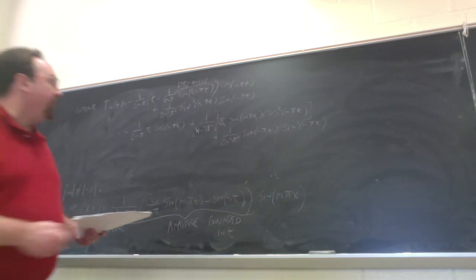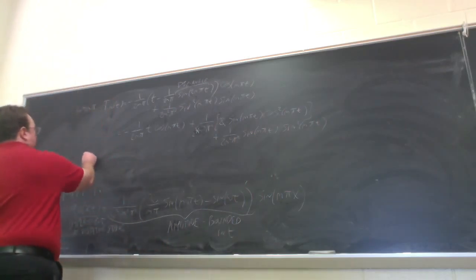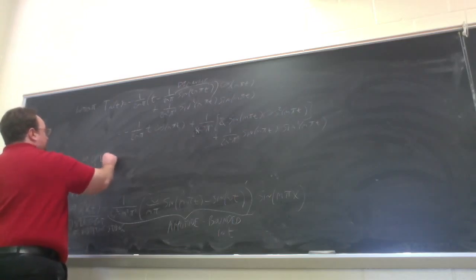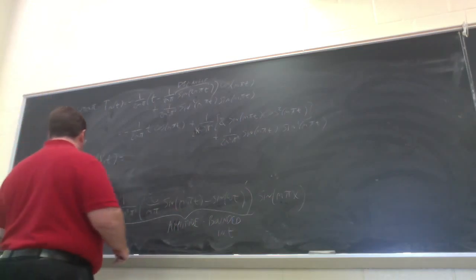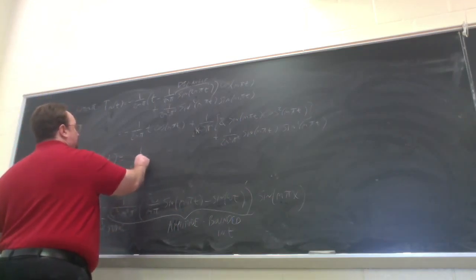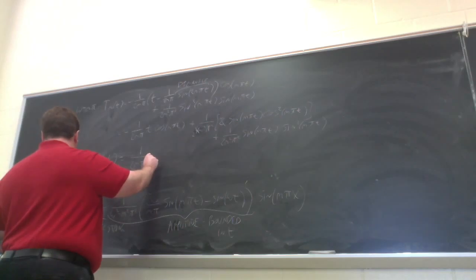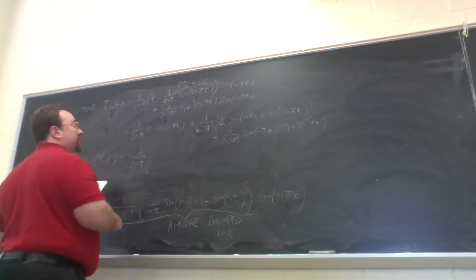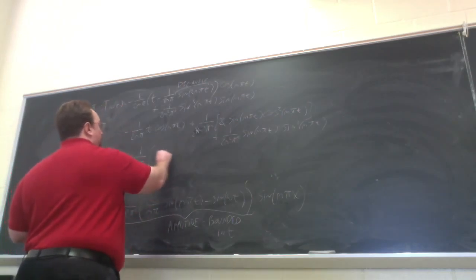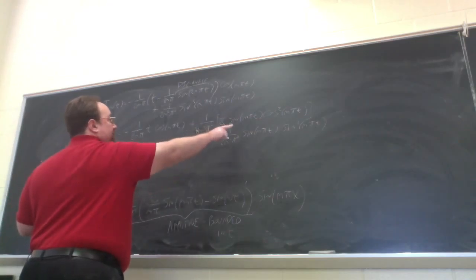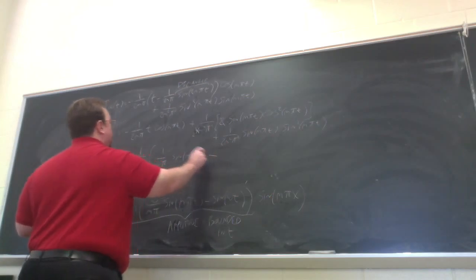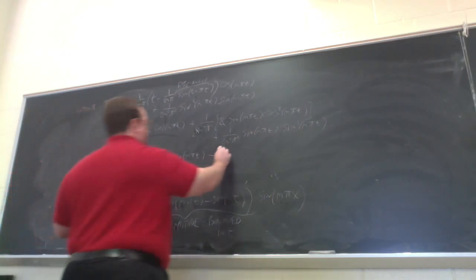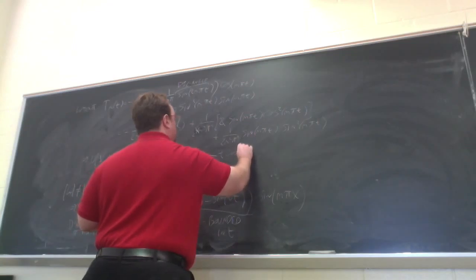So now my overall solution is what you're going to get from combining these two terms, and that's going to be 1 over 2m pi times 1 over m pi times what's left here, which is sine m pi t, minus this, t cosine m pi t.